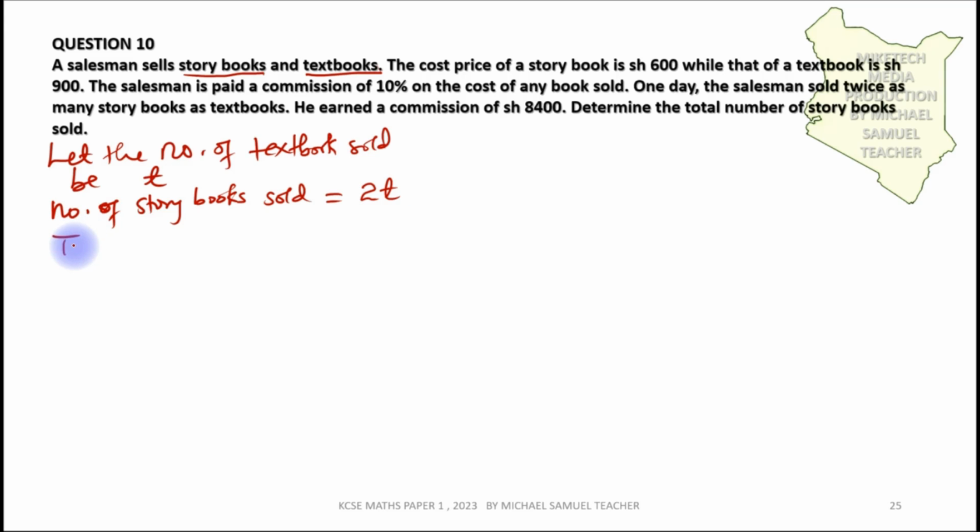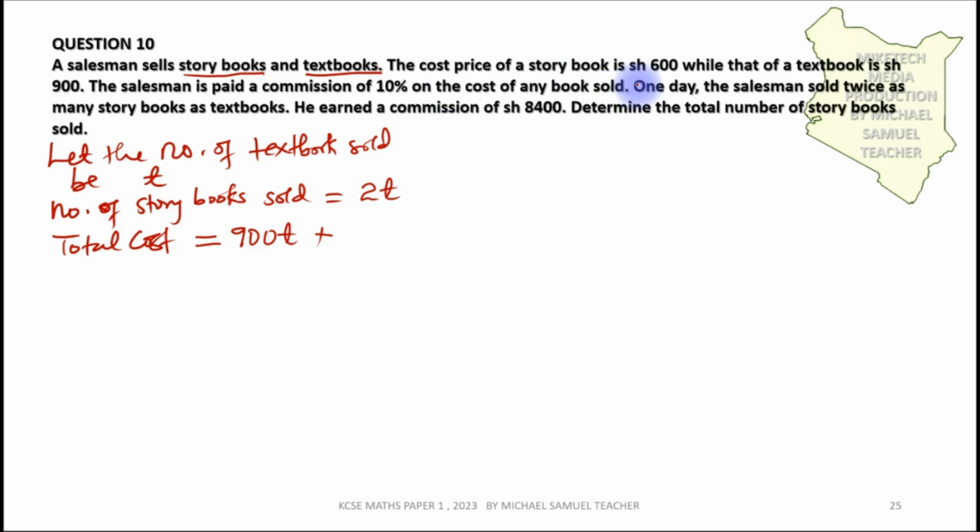Total cost. We have been given that the cost price for a textbook was 900. Therefore, the total cost for textbooks will be 900 times T. That means for one textbook it was 900, so for T textbooks, it will be 900 times T. Then plus the total cost of the storybooks.